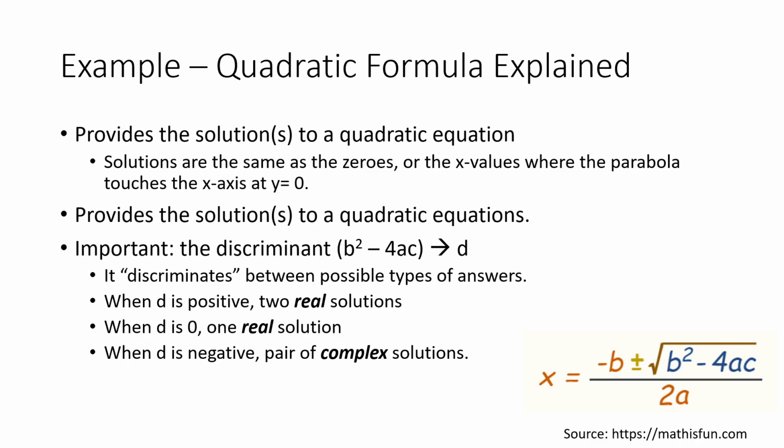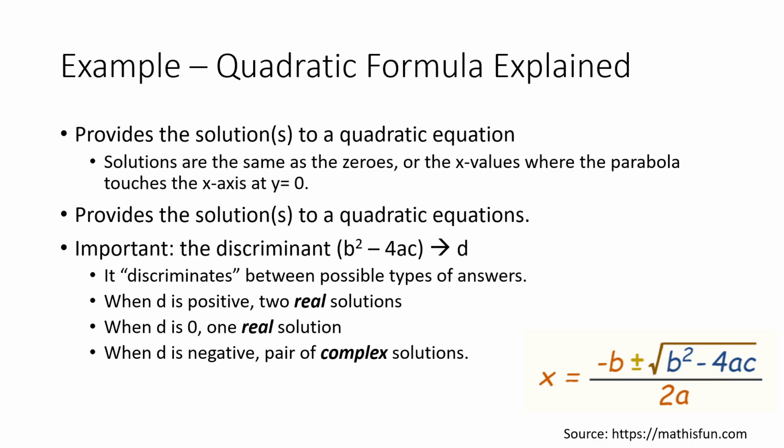I explain the reason why this piece is important at the bottom, but to be more mathematically precise, remember, you can only take the square root of anything that is 0 or positive, anything that is greater than or equal to 0. If it's negative, that's when you start going into complex solutions.